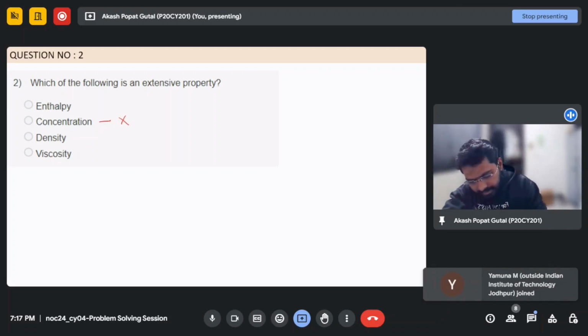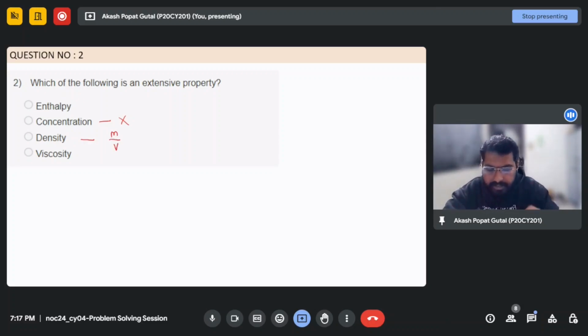And the density also, as it is mass upon volume, will not depend upon the quantity. The density of 10 liters of water and 15 liters of water will be the same. It doesn't depend upon the quantity.